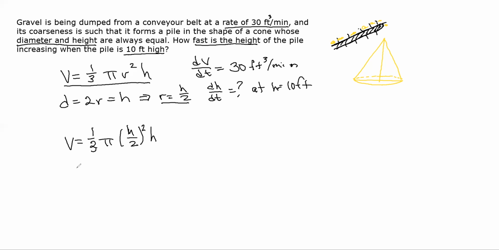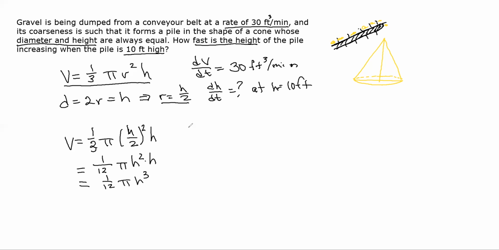We're going to go ahead and then simplify this. We're going to see that the 2 gets also squared, and we're going to multiply it with a 3 to get 1/12 pi h squared times h, and the h's can then be grouped together to h cubed.